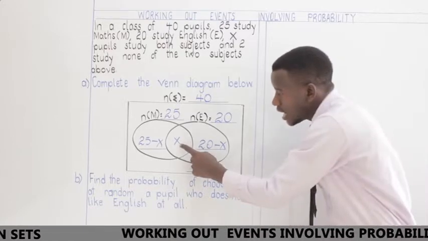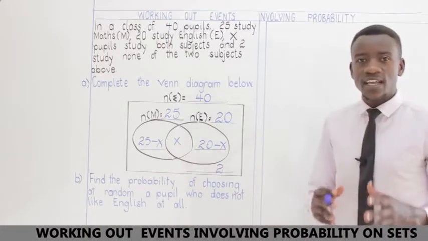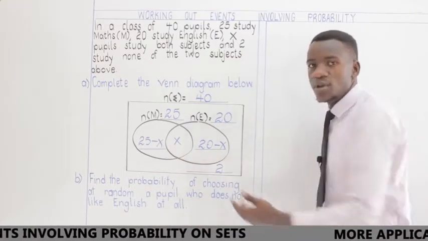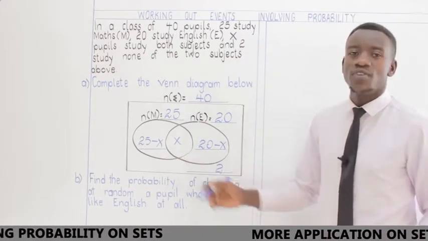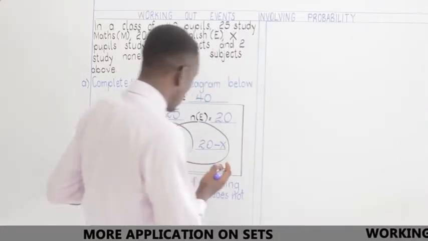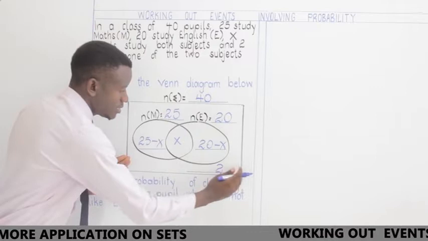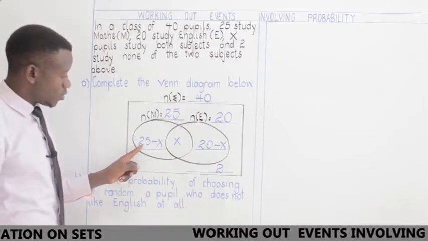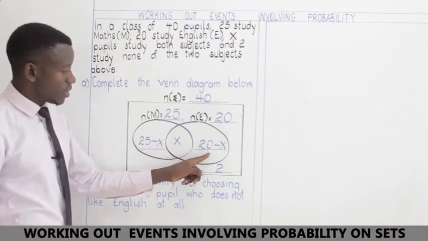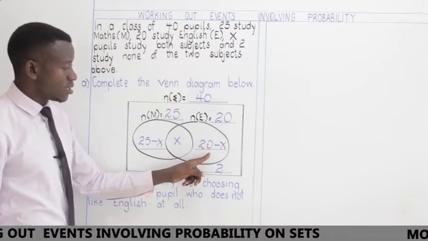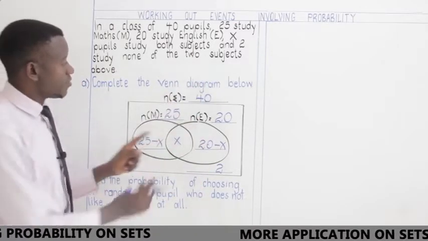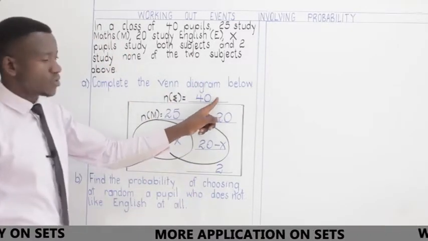So, but we still have an unknown. Let's first find the value of x. How many pupils like both? How many pupils stand for the value of x? Our first step, we shall form an algebraic expression from this statement. So we shall start from here. When we add math only, plus those who like both, plus these ones who study English only, and these ones who study none, we shall have the total of our class, which is equal to 40.